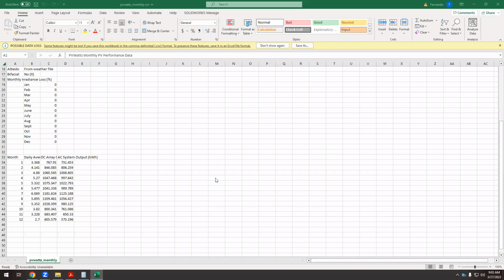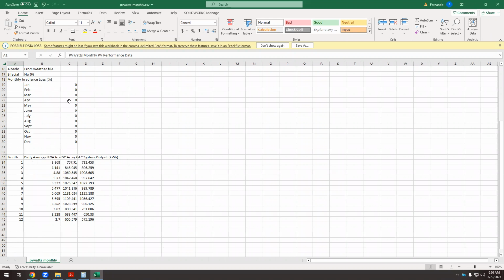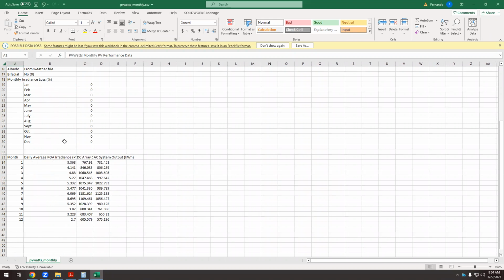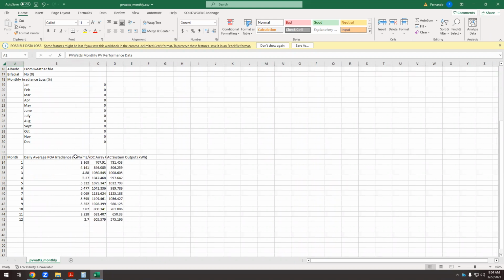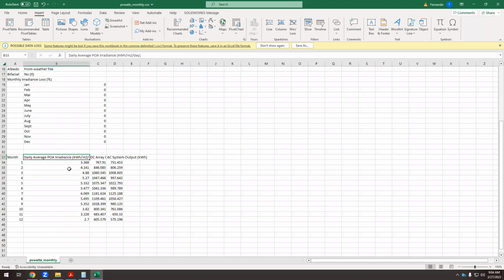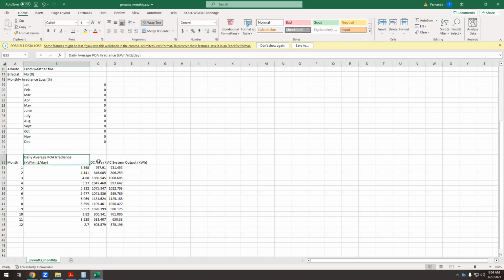Okay, so here we have these numbers in the Excel file. Is it better? Well, I think so, because here we have all that information. We have the daily average irradiance. If we open all these, I'm going to wrap text.